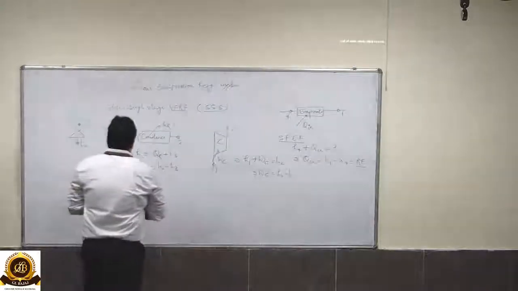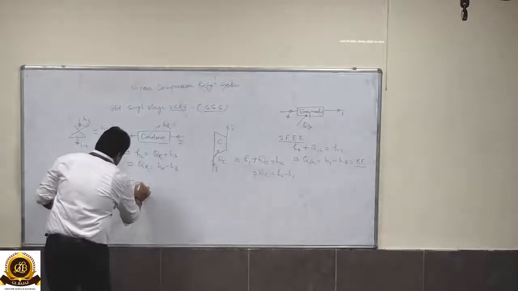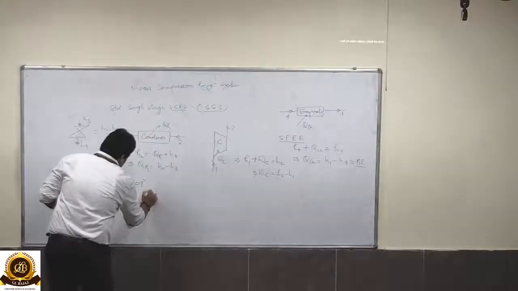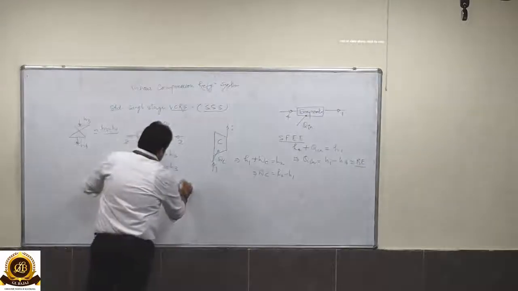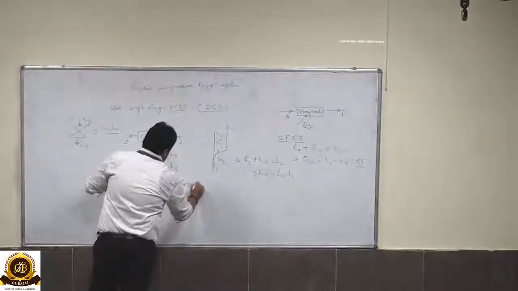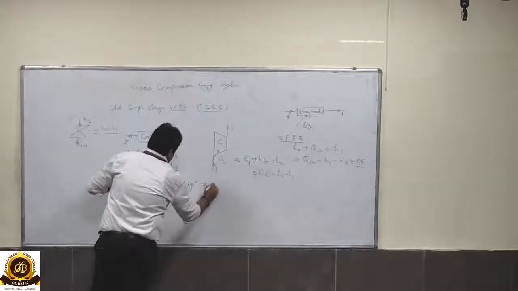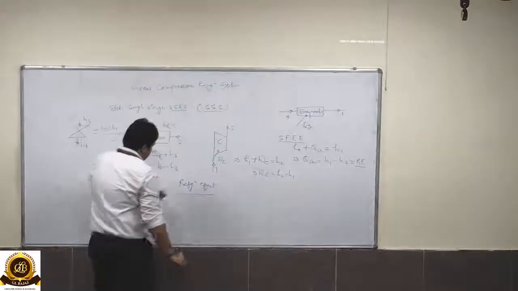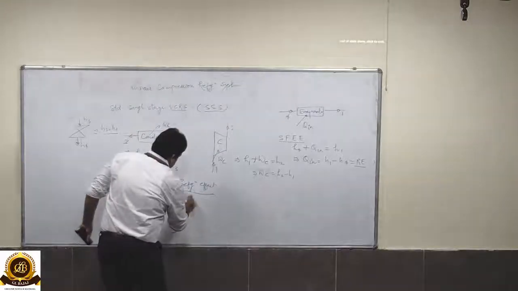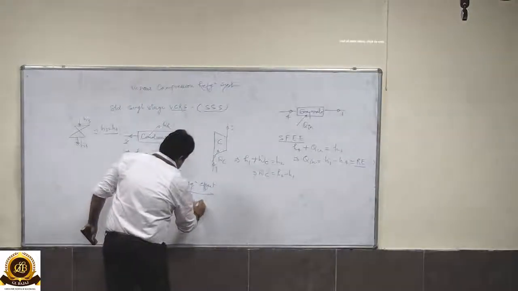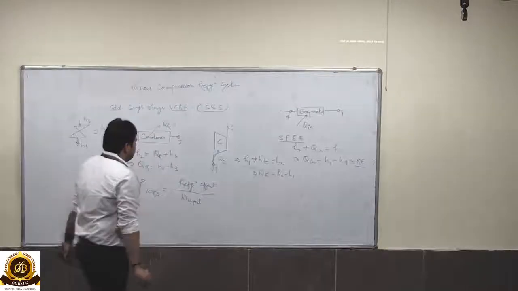So the COP of a refrigeration system, the COP of the VCRS cycle, will be given as refrigeration effect divided by work input to the compressor.